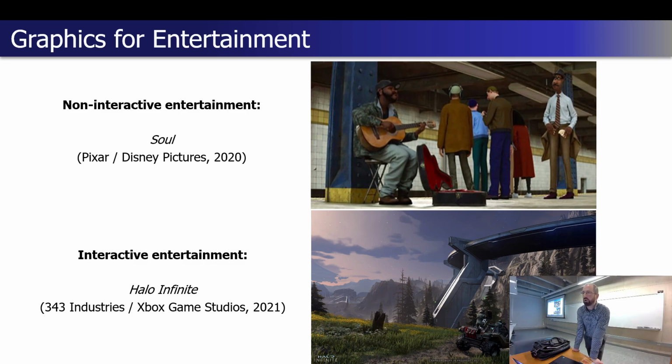We don't get into all of the details in a class like this of how the RenderMan architecture works and what algorithms are at play there. By the end of the semester, while we don't really touch upon it, you'll be ready to dive into that after the semester is over. But it takes us more than 15 weeks to get to that point. That's an example of offline or non-interactive rendering.